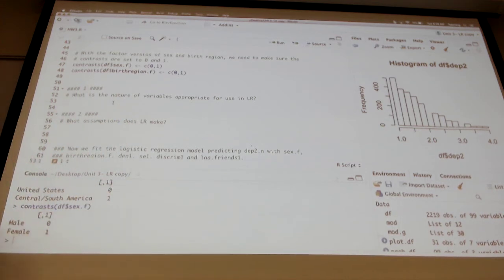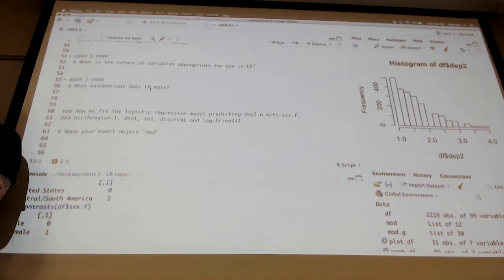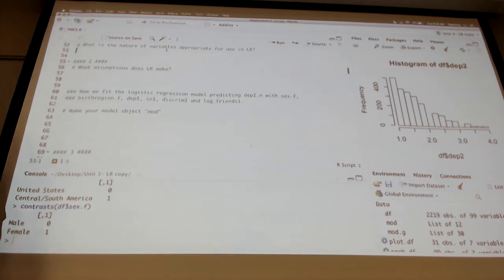If you only have 10 participants and you're trying to use 7 different predictor variables, it ain't gonna happen. So once again, our assumptions: linearity of the logit, no multicollinearity or singularity, no outliers, independence of errors, categorical DV with 1 or more IVs, and then the cases to variables ratio needs to be sufficient.